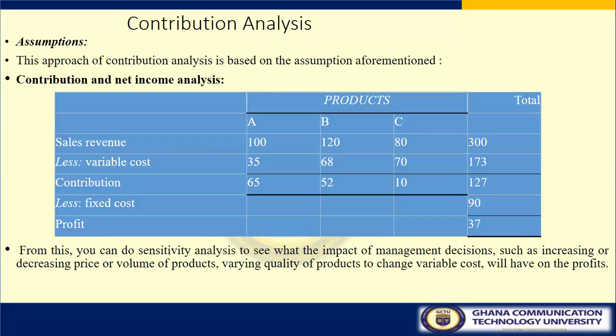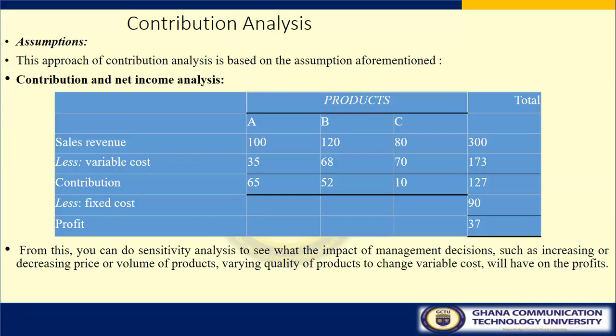So let's take an example. Assuming you are producing product A, B, C. For product A, total sales revenue is 100 Ghana cedis, and the variable cost incurred is 35 Ghana cedis.